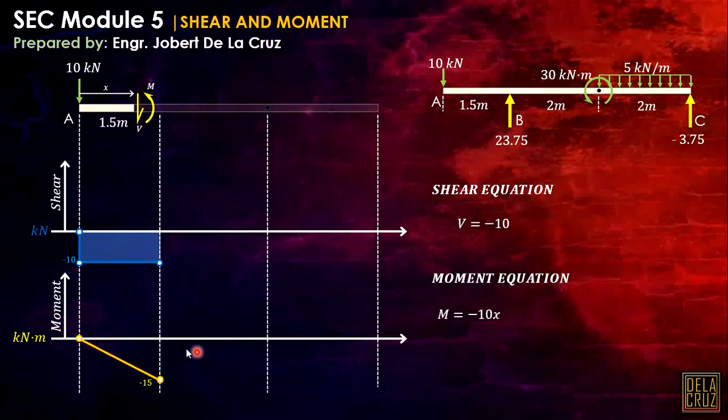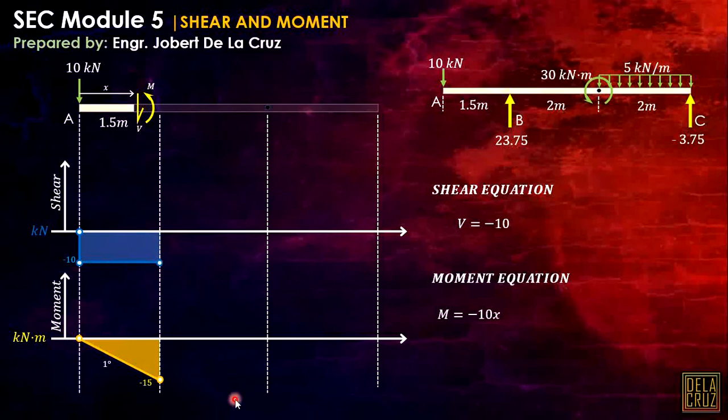This is a first degree curve because that is an equation of a line. Or by just referring to the shear, if this is 0 degree, then this will be a first degree curve. This is a 0 degree curve because it is horizontal.